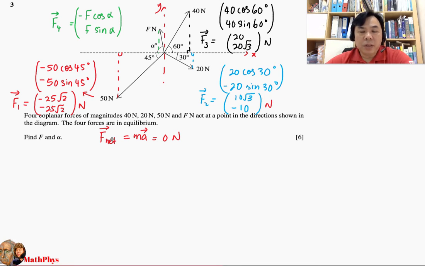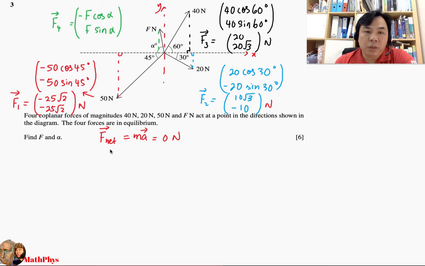And then resultant force equal to 0 means we have the summation of all these vectors, because the vector has already carried its direction, so we don't really need to worry about whether we are supposed to subtract or perform summation and so on.